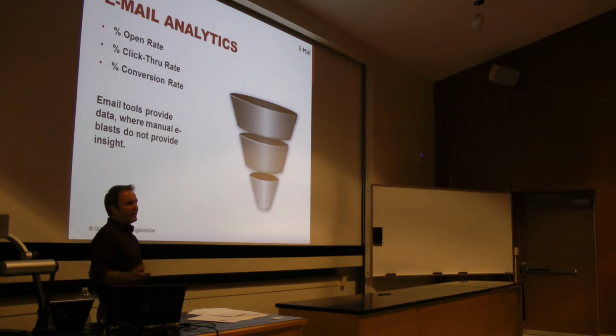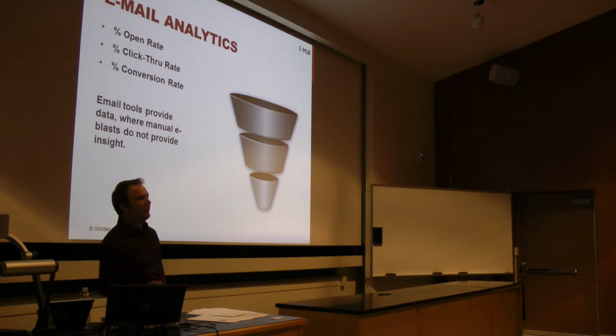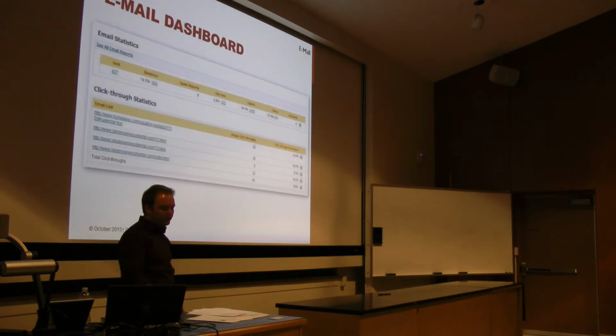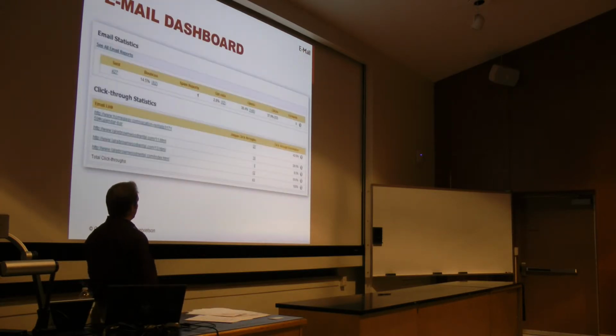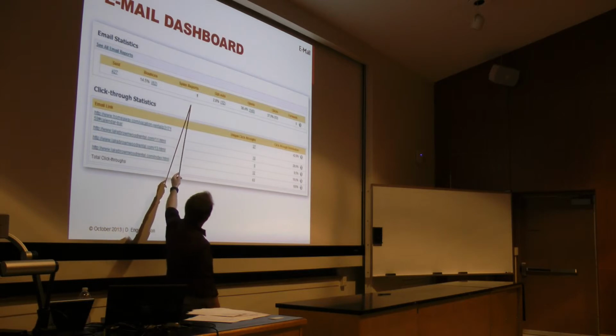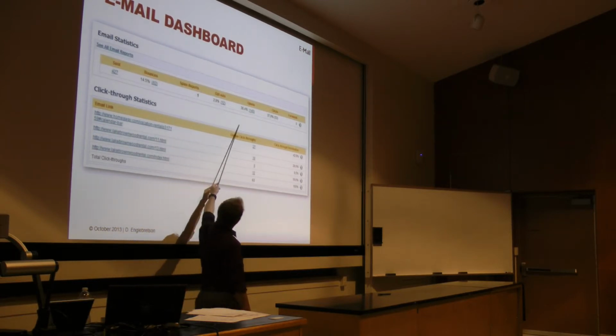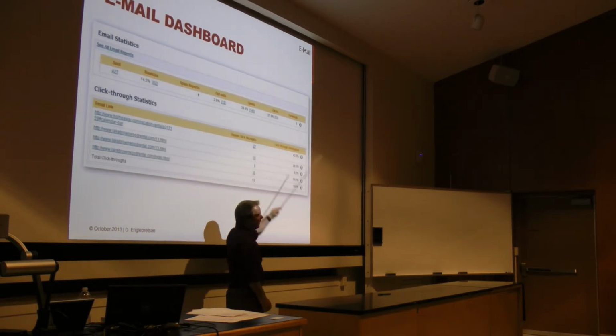Whereas if you're just blasting through a list, you have no idea who opened it. You can't really split it, at least not automatically. You can't do some of that higher level measuring. So for example, this is actually a Constant Contact dashboard where I can see how many I sent, how many of them bounced, how many of them said I was spam, how many people opted out, how many people opened it, how many people clicked on it, and so on.